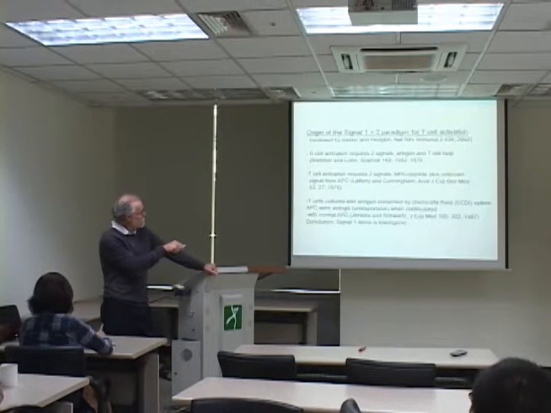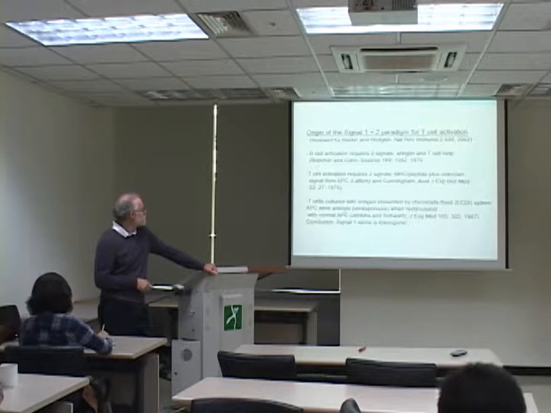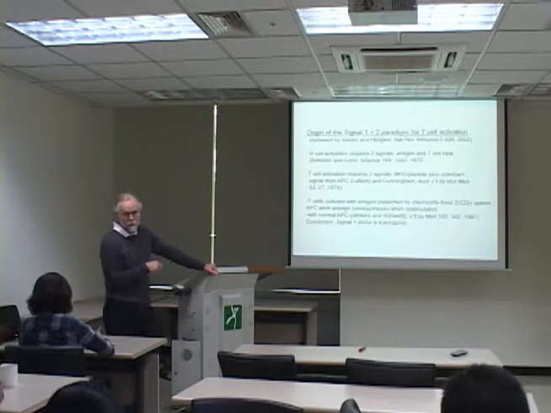We now think of that largely as being the provision of T cell help from CD4 cells. And then this idea for B cells was adapted to T cells a few years later by these people here. There it was argued that you have to have a second signal, that recognition of MHC and peptide by the TCR was not enough.